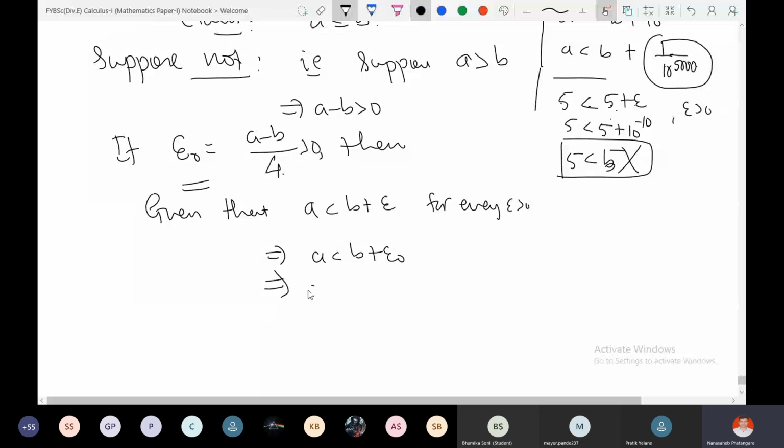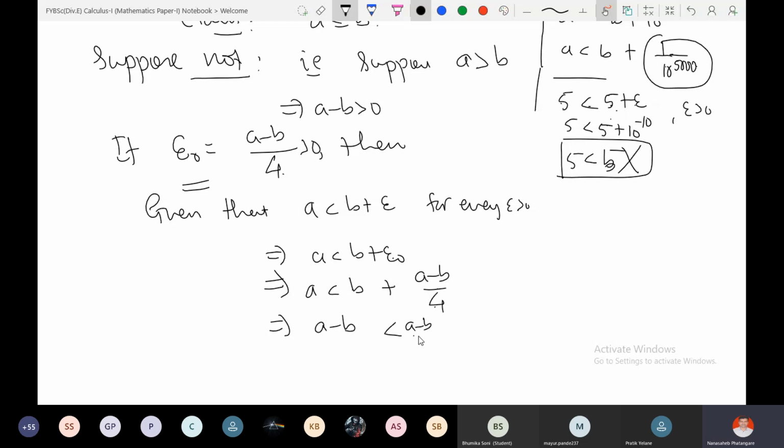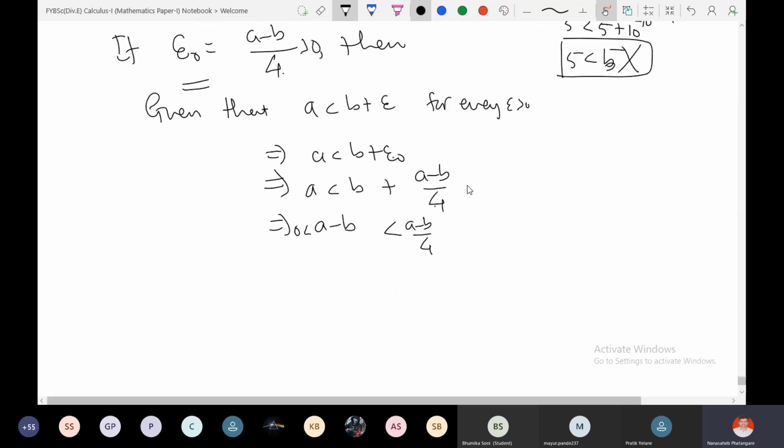That means A is less than B plus A minus B by 4, because my epsilon naught is A minus B by 4. I will just manipulate this: A minus B is less than A minus B by 4, which is a positive quantity, because I am assuming A is greater than B. So is it true now?